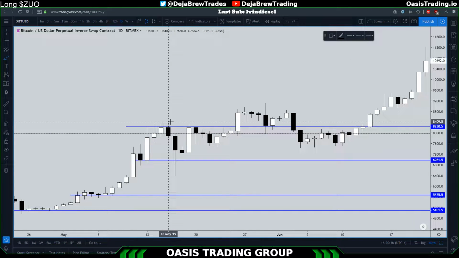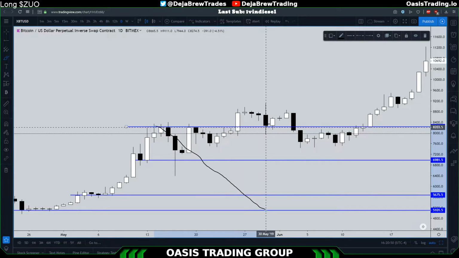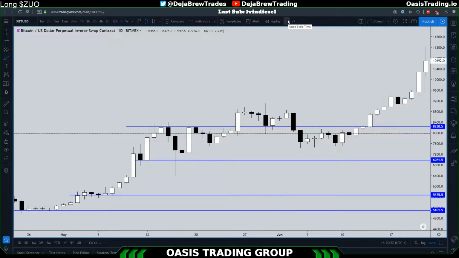They assume that because that sell-off was so strong, we're going to start into a downtrend. But if you're trading basic market structure, you know that you're not in a downtrend until you have two things: a lower high and a lower low.